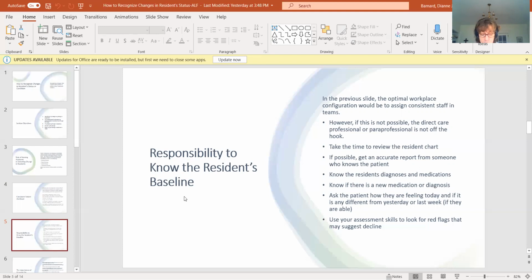If you work with consistent patients, the first thing you need to do is part of your toiletries of the day, your personal hygiene practice for your shift: you run in and say, hey, what's new, what's changed, what's different, what's happening with my patients. If you've worked 5 days in a row, you probably have a good run-up to the last 5 days and you understand what's happening.